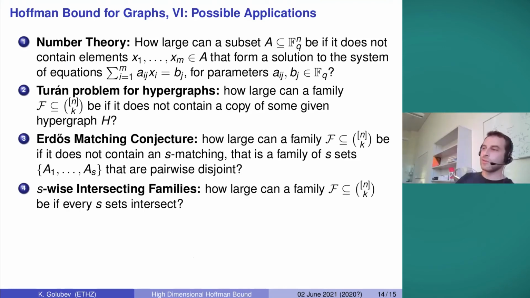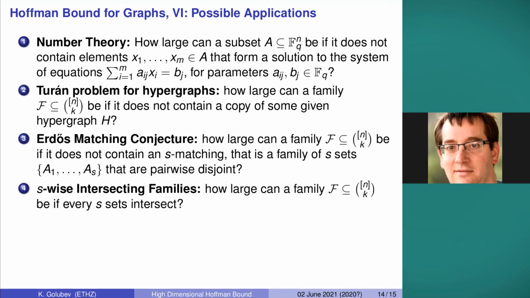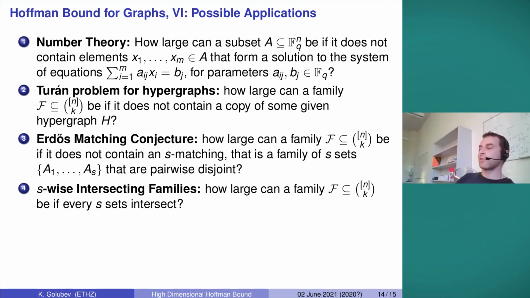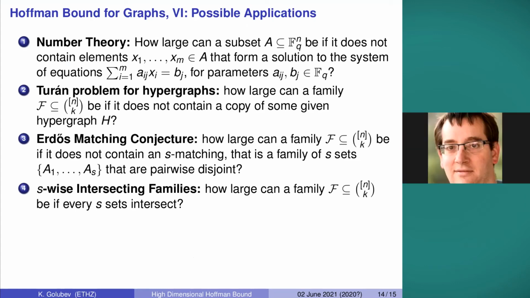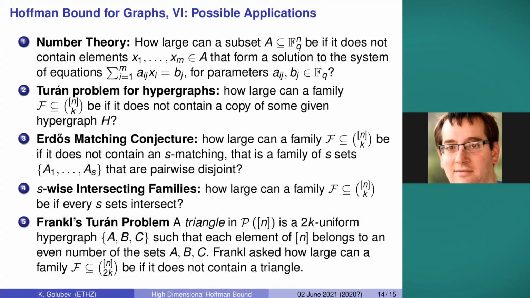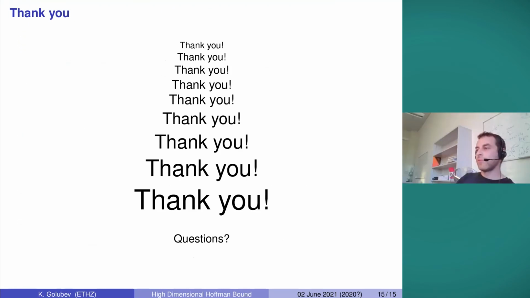If you look at S-wise T-intersecting families, so every S sets contain at least T elements in common, then for S larger than 2, it's not known. So it's not empty, it's at least T elements, right? But T larger than 1. Yeah, thank you. And I'm ready to take questions.